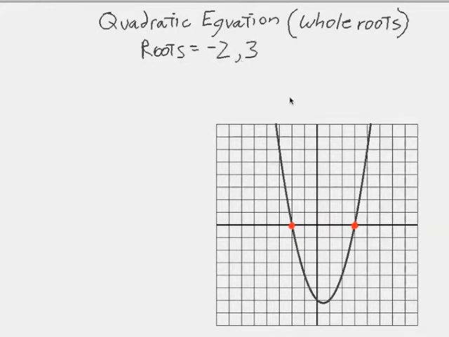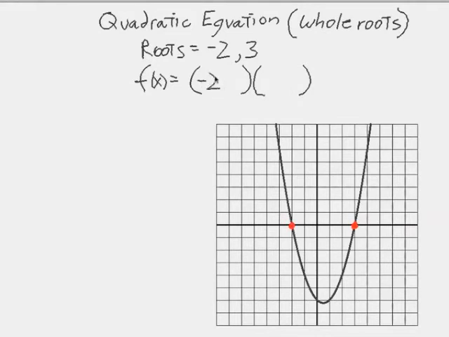Now, to get its factors, once we know its roots, is actually fairly simple. Remember that in the factors, if one of them is 0, then the entire product is going to be 0. So, for example, one of these roots is -2.